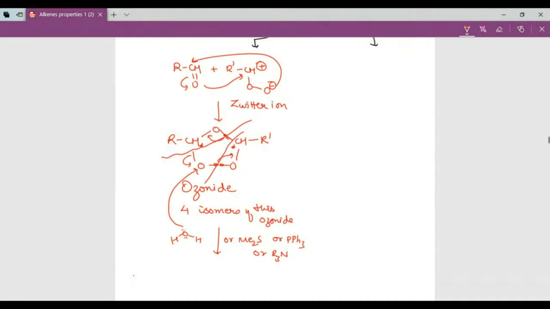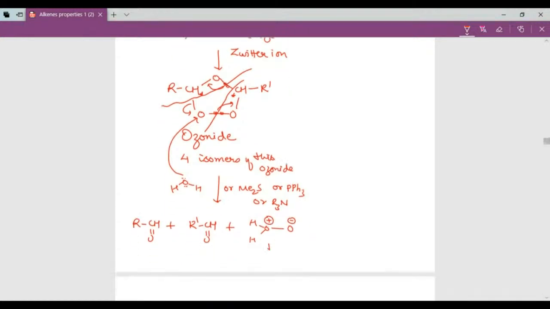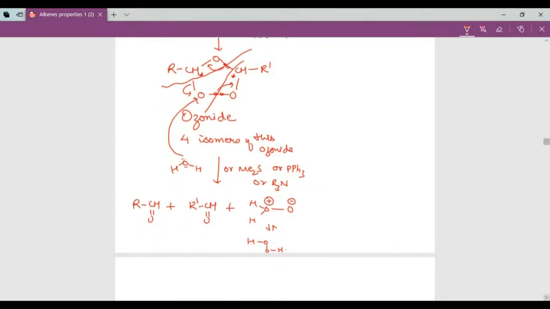NCERT writes in a different way, but the actual mechanism goes like this. So I have RCHO, I have R'CHO, and HOH coordinated to a new oxygen. If you remember, it is nothing but H2O2.